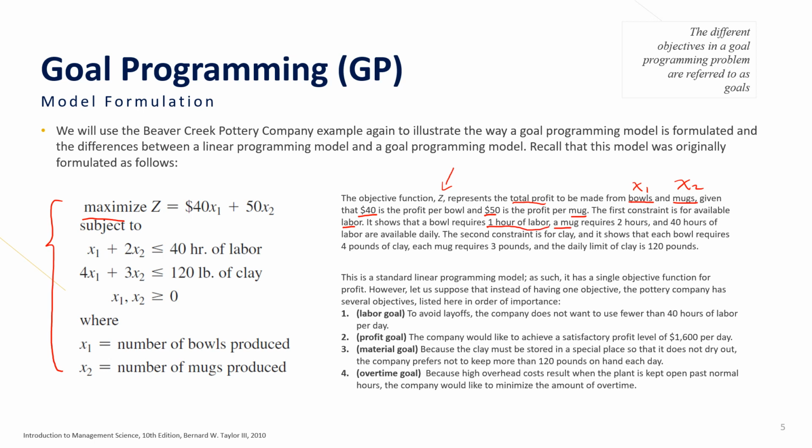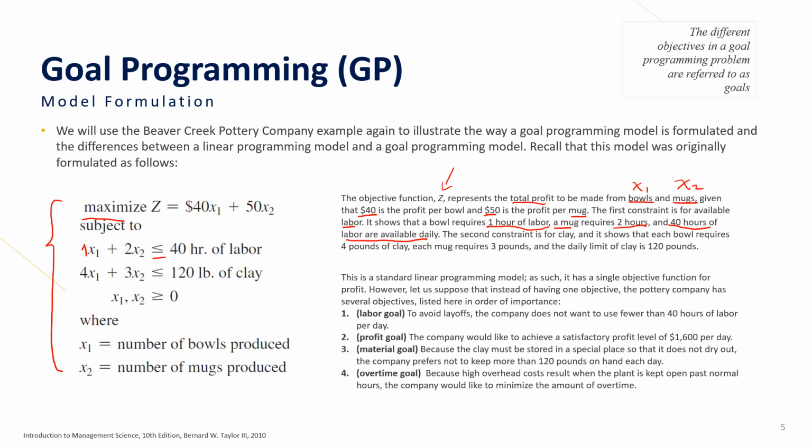Meanwhile, mugs require 2 hours of labor. So it should be x1 plus 2x2, and we have a maximum of 40 hours of labor available on a daily basis, so it will be less than or equal to 40.